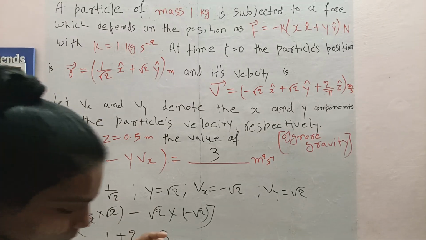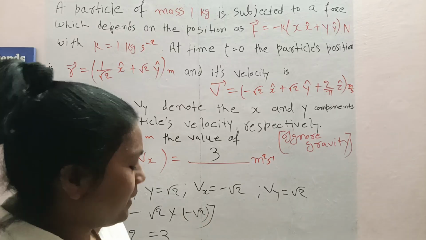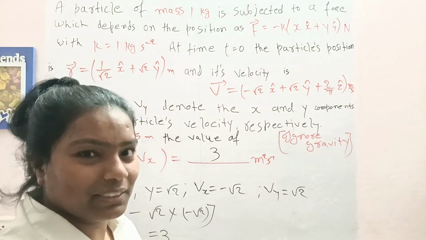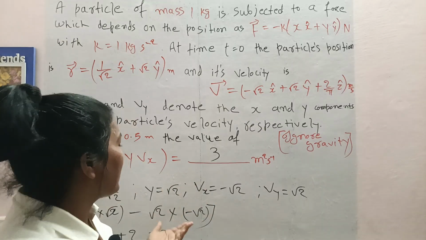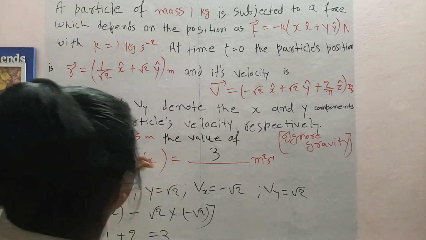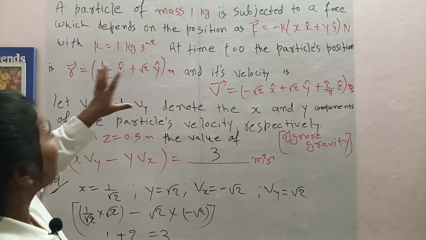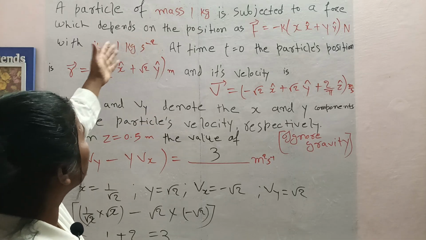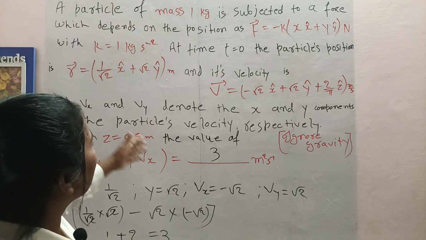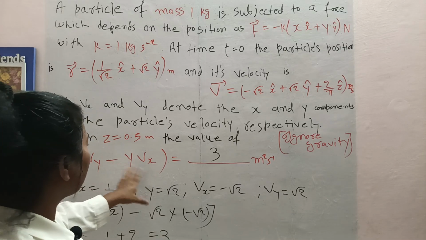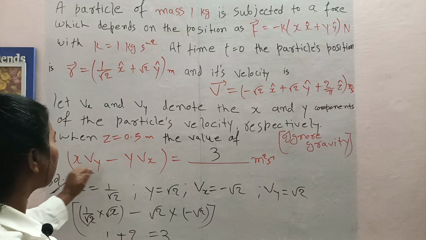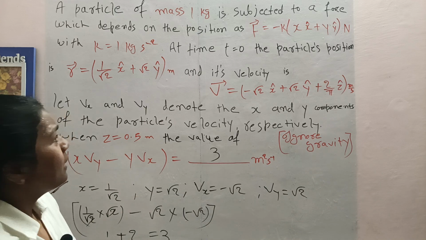Sometimes we get tricked, or maybe you can say some entrance exams play a prank on us. In this question, there is no need of the mass or the z component to find this value. It's just in x and y, and we can find this.